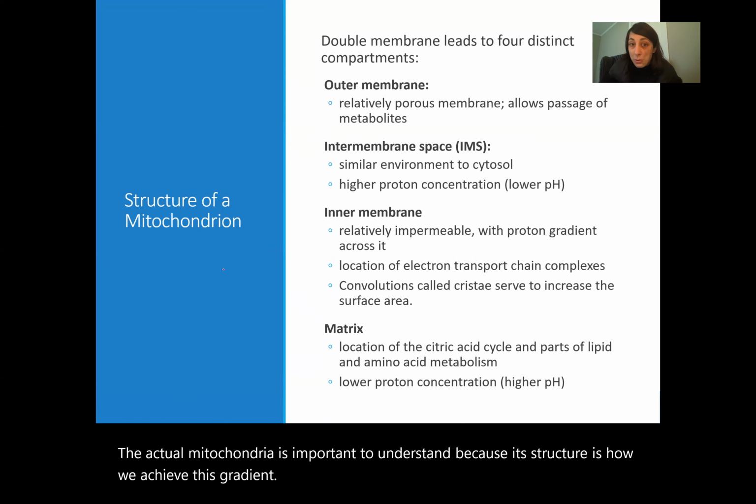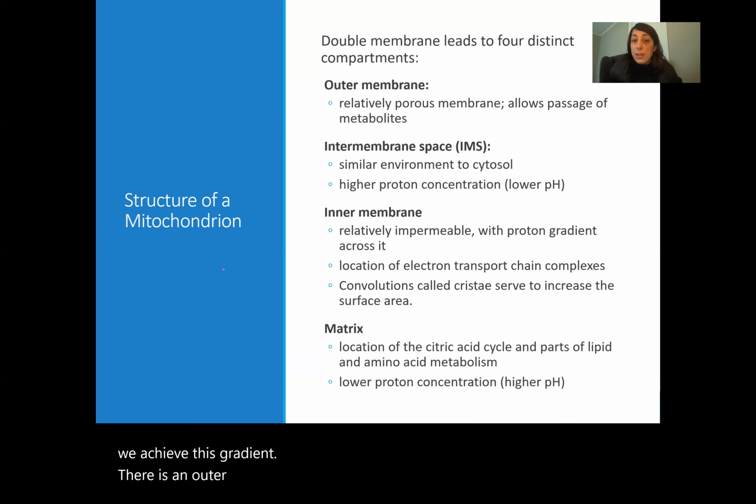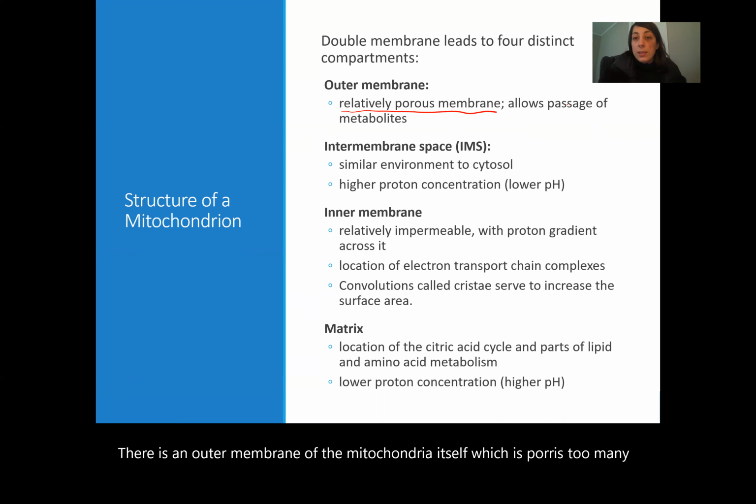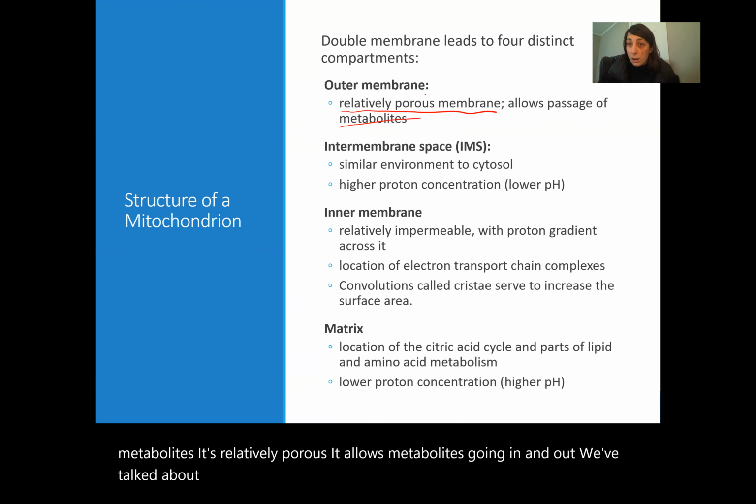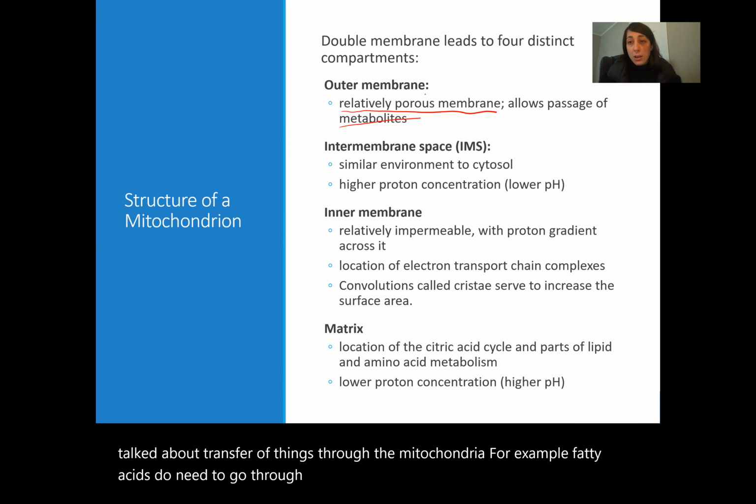There is an outer membrane of the mitochondria itself, which is porous to many metabolites. It's relatively porous. It allows metabolites to go in and out. We've talked about transfer of things through the mitochondria. For example, fatty acids do need to go through a special protein to get into the mitochondria. Some metabolites can just freely flow in.